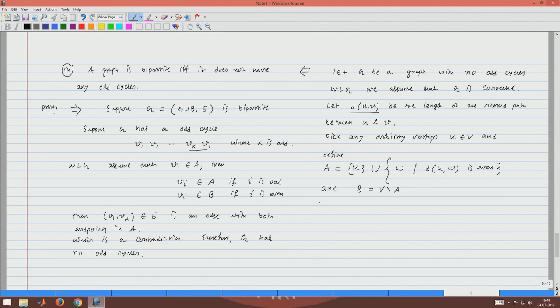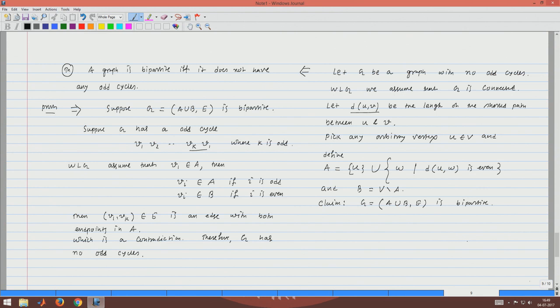And what we claim is that, so this gives a technique to partition the vertices into two parts A and B, and the claim is that this G is bipartite.